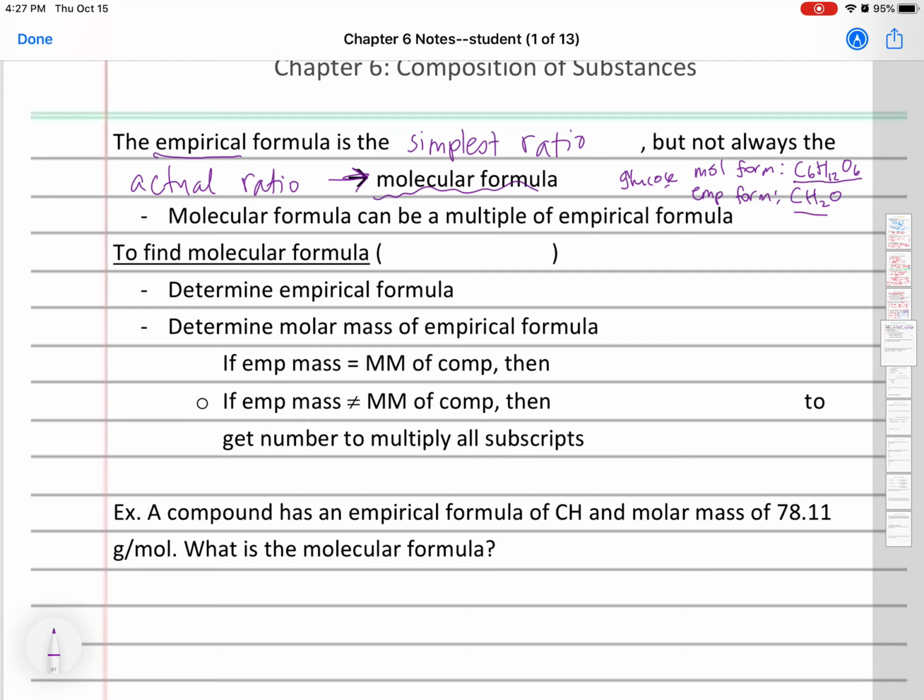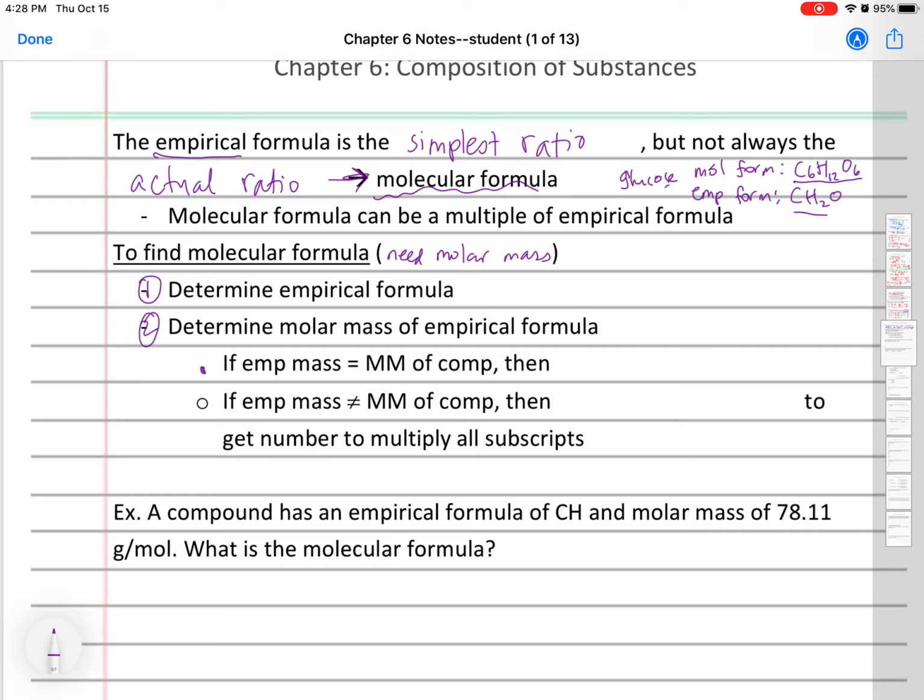So to find the molecular formula, we do need to know the molar mass. But if we have that, we can figure it out. We do that by first determining the empirical formula like we did above, and then determining the mass of that empirical formula by calculating the molar mass of it.